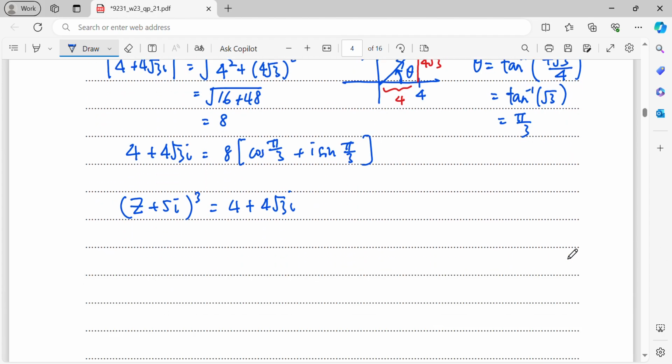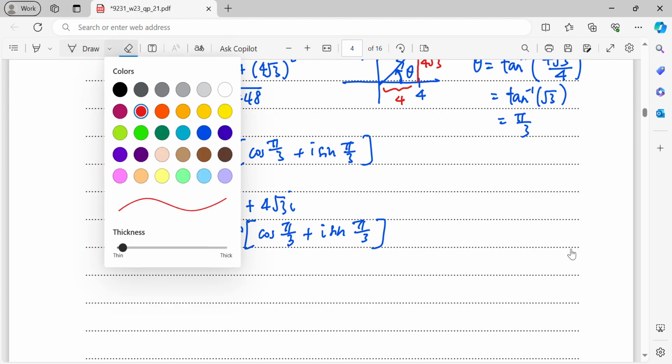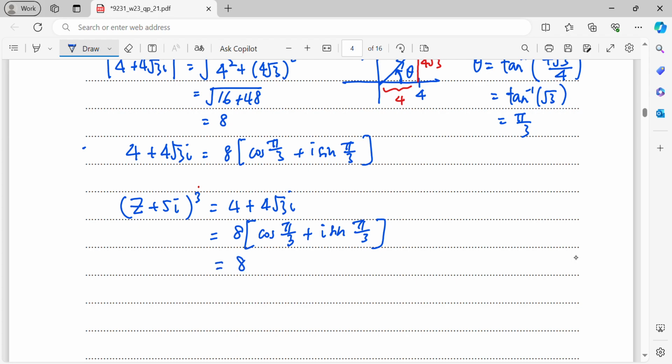So that means now I will write this as basically 8 times cos pi over 3 plus i sin pi over 3. But to get cube roots later on, when I move this 3 to the other side, I will have to generate 3 z values, which means I need to consider the angle. We know that cos and sine have a fundamental period of 2k pi, or 2p pi.